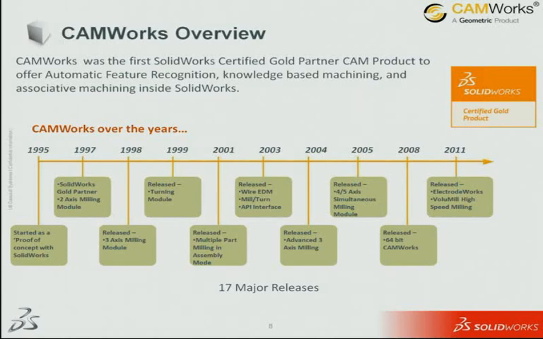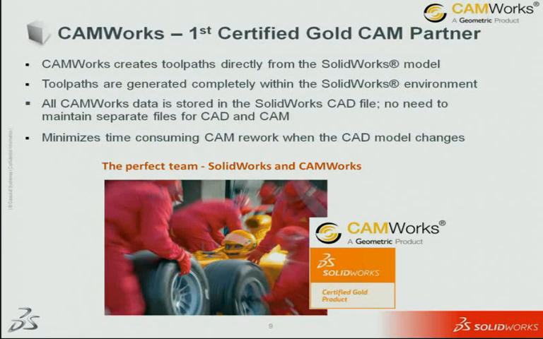We were originally partnered up with SolidWorks back in 1995. We became the first gold CAM partner in 1997, and we're the de facto CAM package for SolidWorks. We have more experience programming SolidWorks parts than anyone.